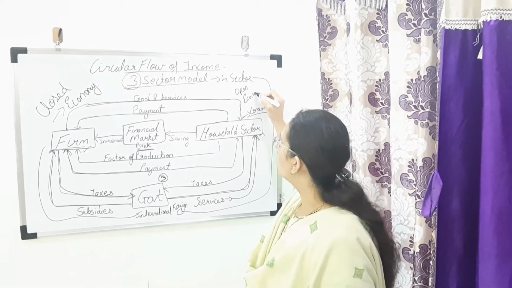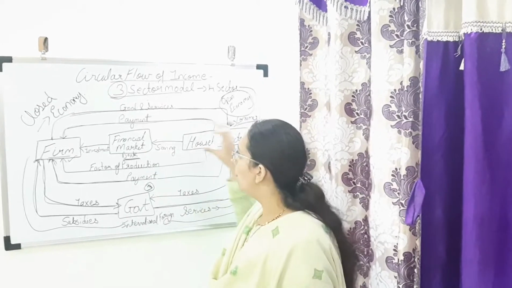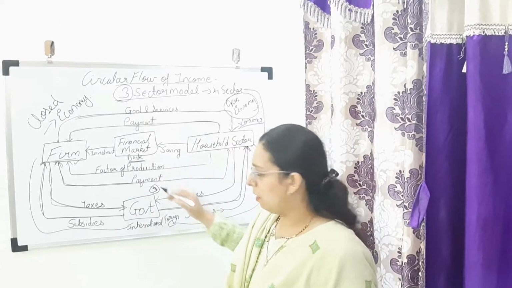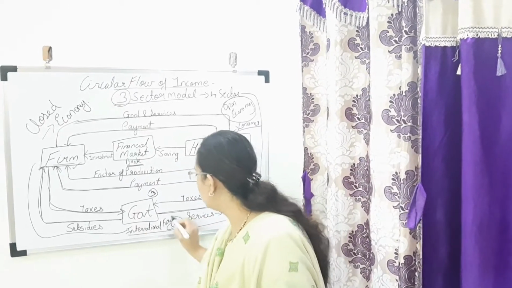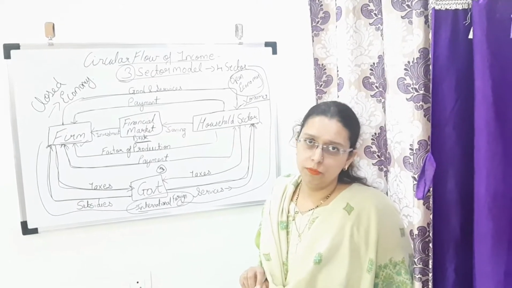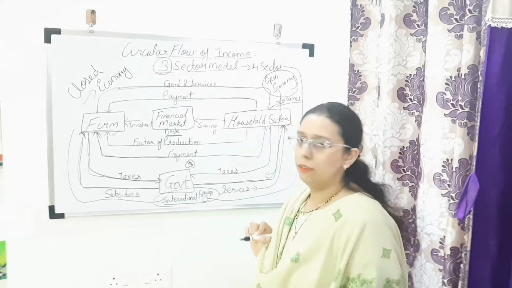It means the economy is open to the flow of money not only between these three sectors and the financial market, but also with international and foreign countries and foreign markets. So it is called an open economy.